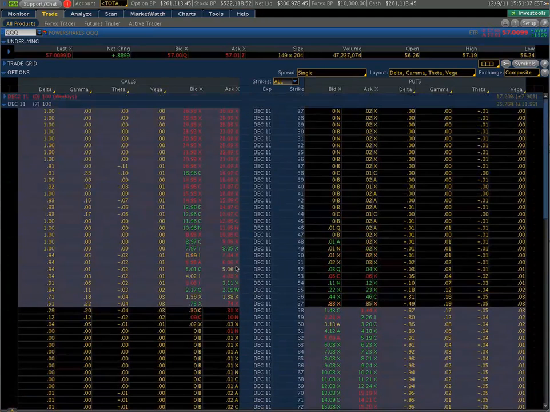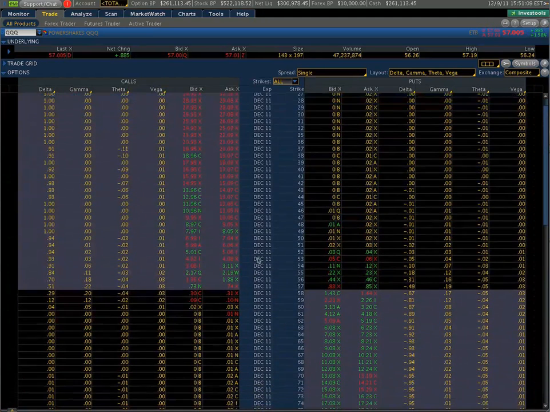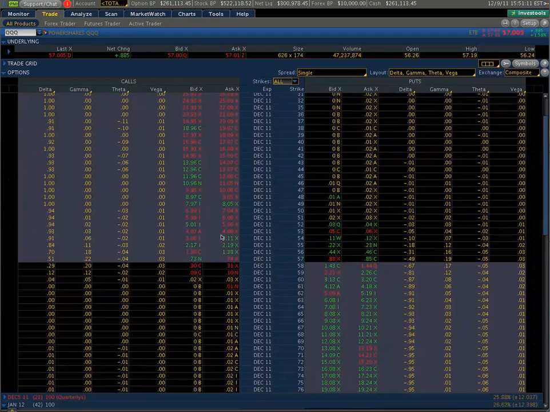So with 7 days left to expiration, in this particular example, with a vega of 0.03, the market is saying that the potential for it to move in wide swings is fairly low.